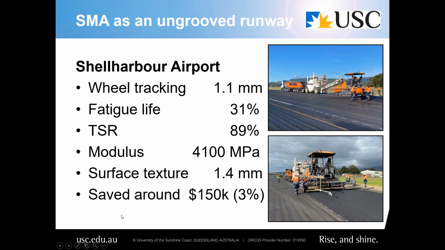Again, we tested surface texture on essentially a daily basis, or each lot of asphalt basis. 1.4 millimeters was the average surface texture, and that project actually saved in the tender box, as an alternate offer, $150,000 or thereabouts, which was in the order of 3% of the cost of the resurfacing.